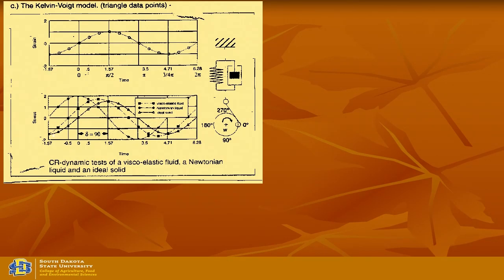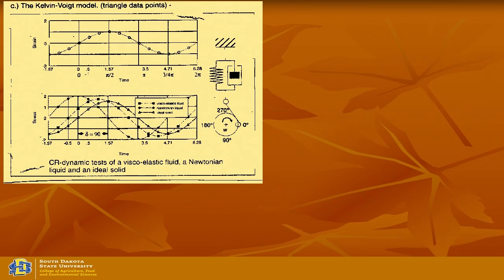So what you see here is there are three different graphs: one is ideal solid, one is Newtonian liquid, and one is viscoelastic fluid. The ideal solid is this one, the open triangle, which is in phase with the viscoelastic fluid.